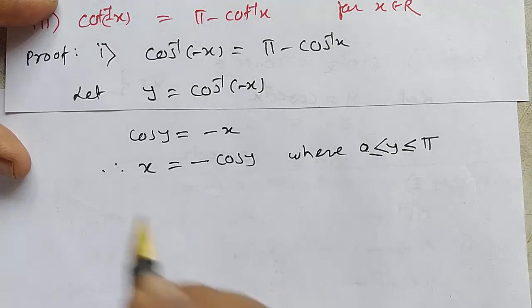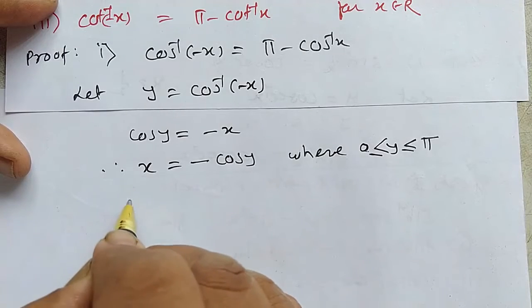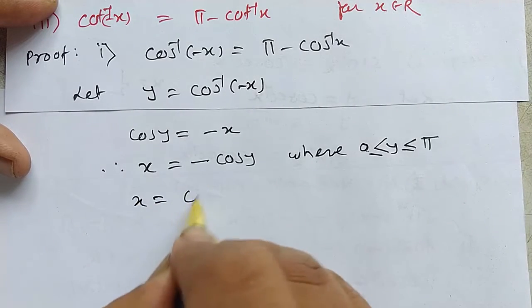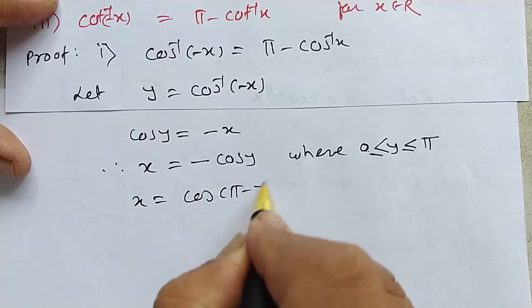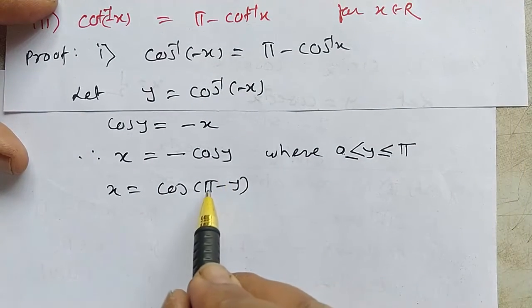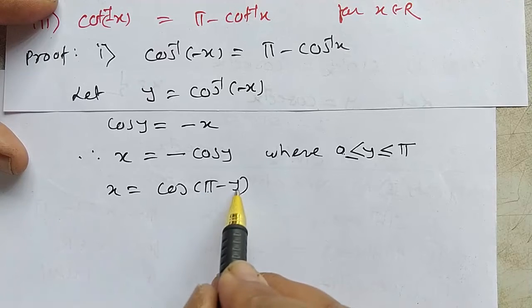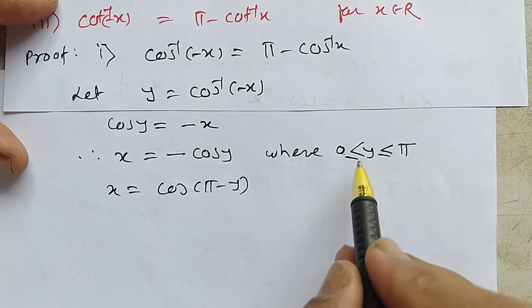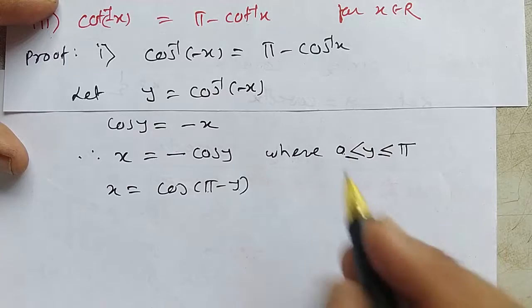Therefore, by allied angle formula, x is equal to cos of pi minus y. Now, we will check whether this angle pi minus y belongs to the principal value branch.